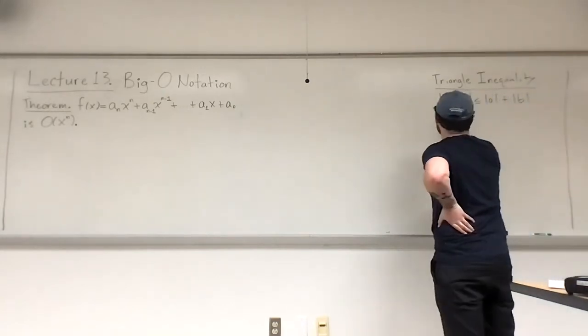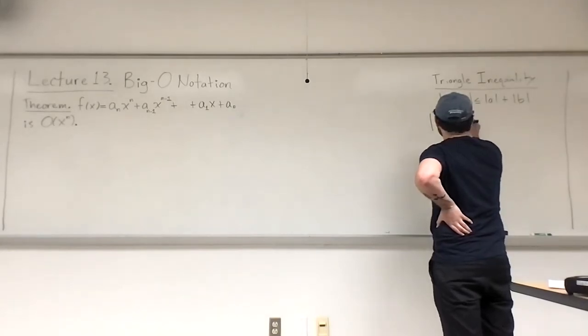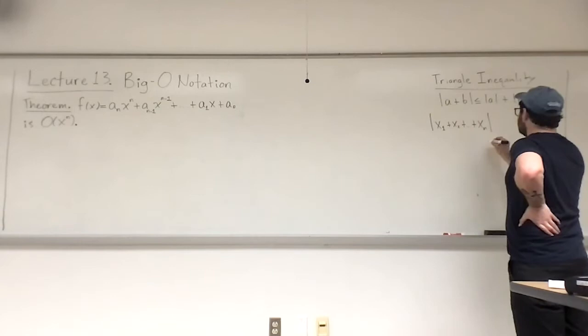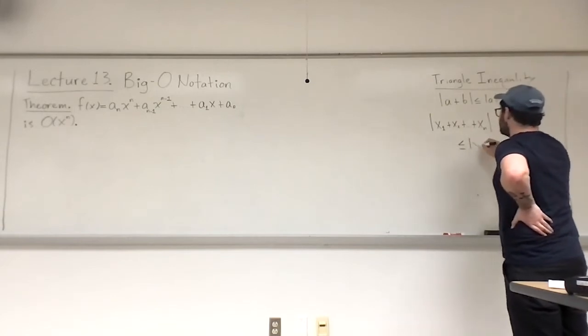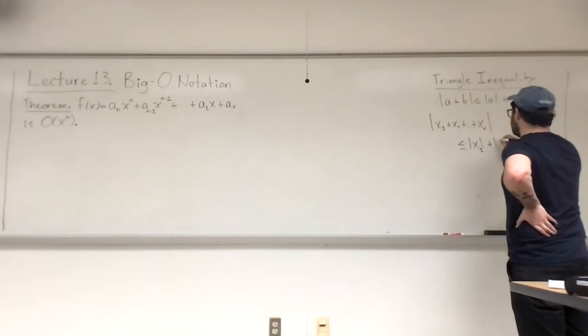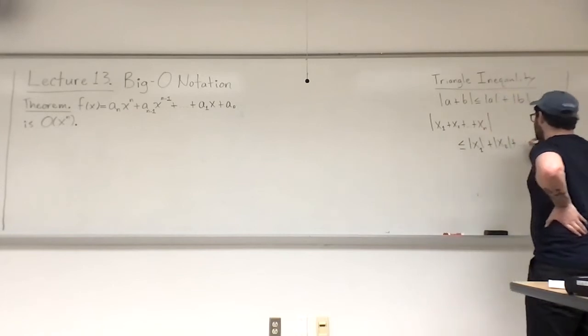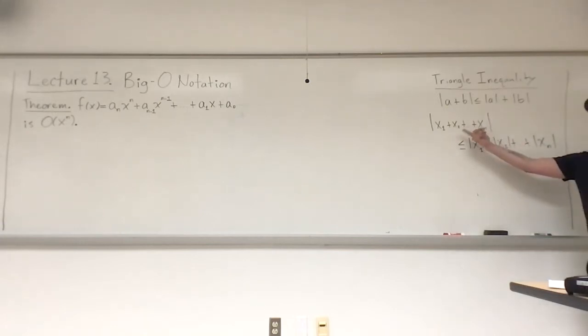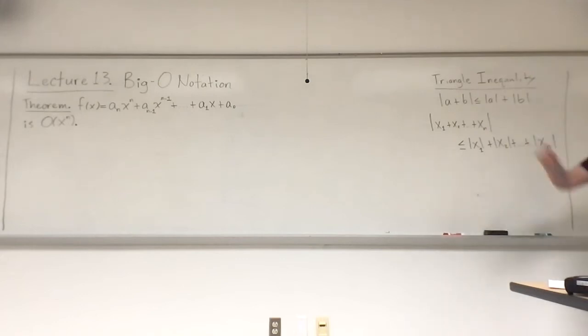So the general version is this: x1 plus x2 plus dot dot dot plus xn in absolute value is at most absolute value of x1 plus absolute value of x2 plus dot dot dot plus absolute value of xn. That's the general version. When n is 2, it's the same thing, right? So the absolute value of the sum is at most the sum of the absolute values for any real numbers. Okay, and we're going to use that over here.